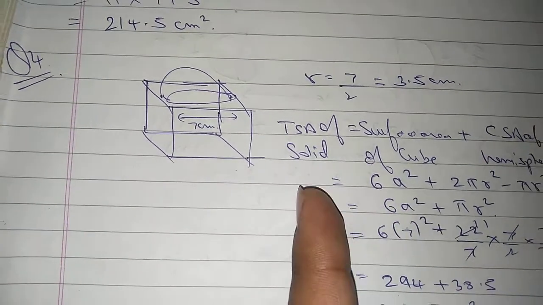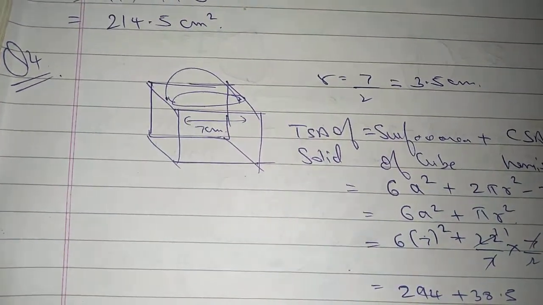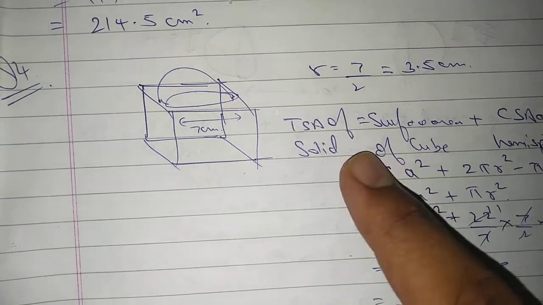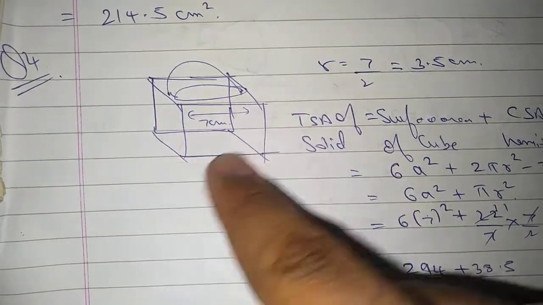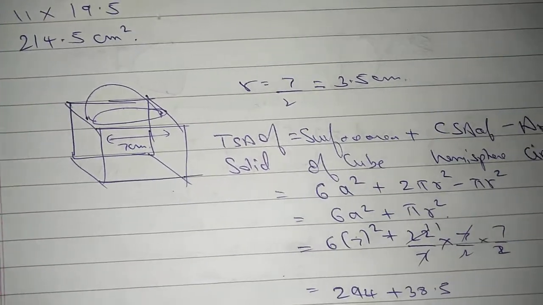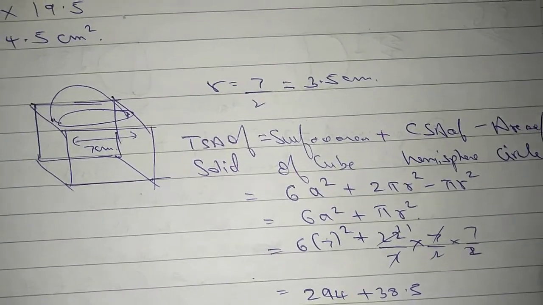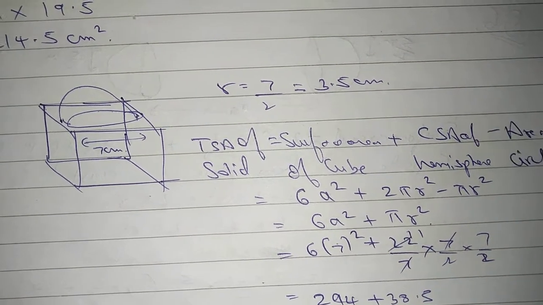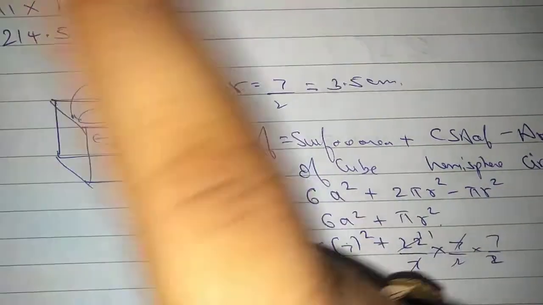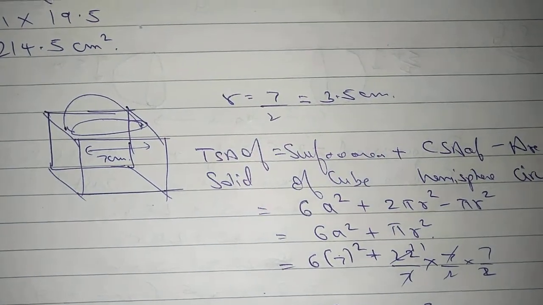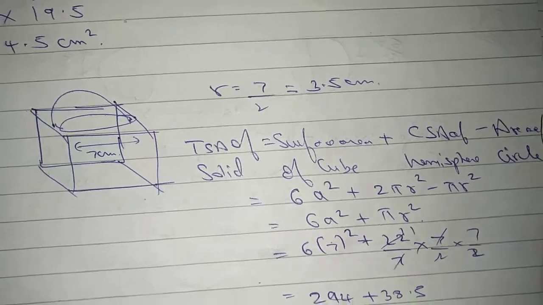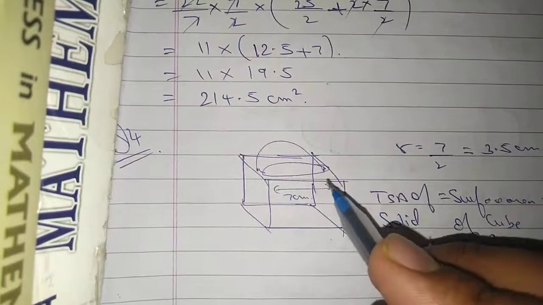Now TSA of solid means what? Total. Now listen carefully. How can I find the surface area of cube? Surface area of cube total, plus CSA of hemisphere. Now this is the hemisphere at the top, CSA means outer side, minus area of circle. Which circle?